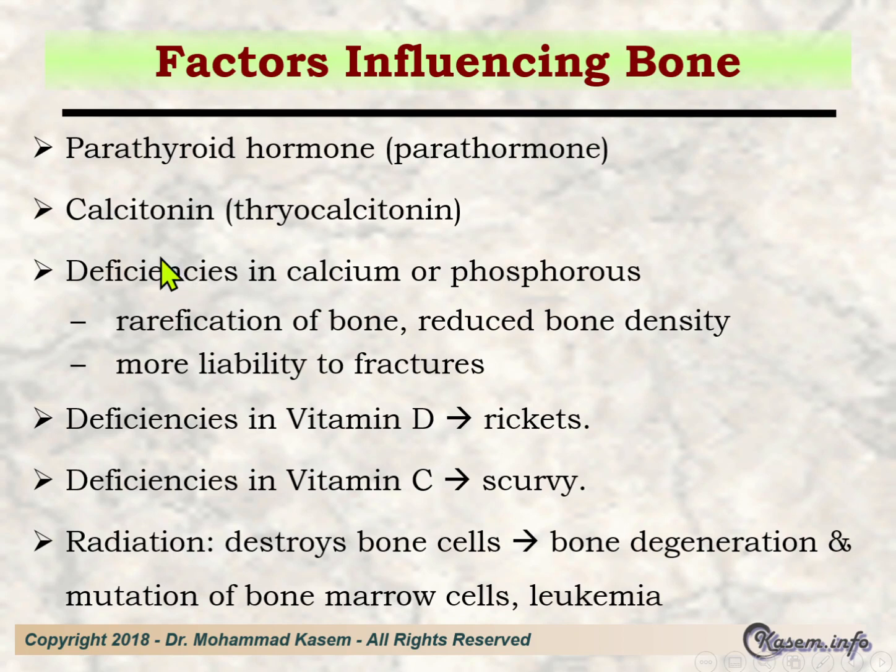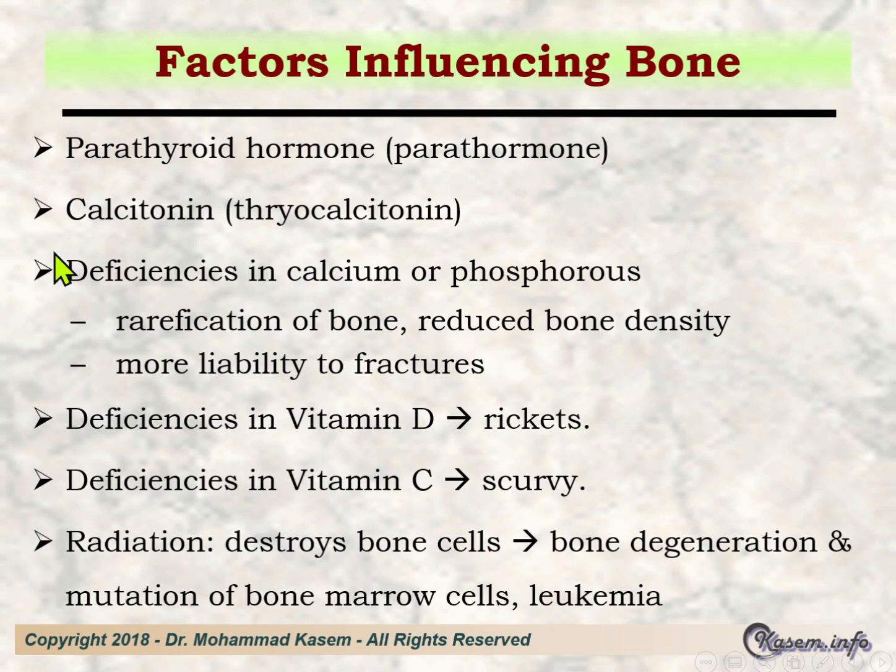While calcitonin, the thyroid hormone, does the opposite, which means that it takes the calcium from the blood and puts it in the matrix of the bone. So it resists rarefaction, or lowering of the bone calcium.